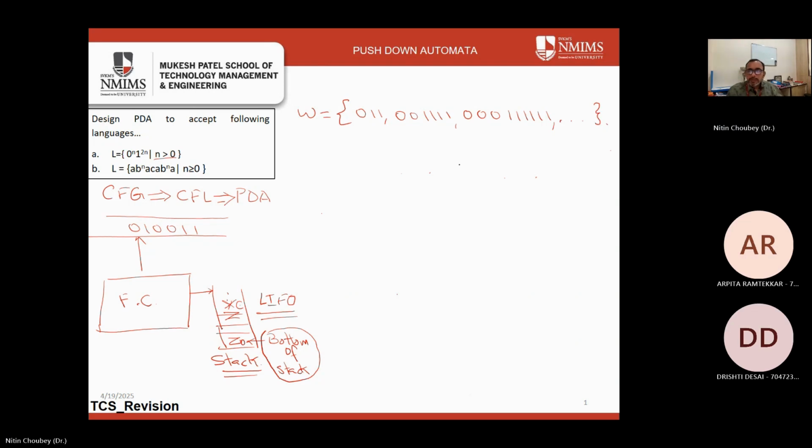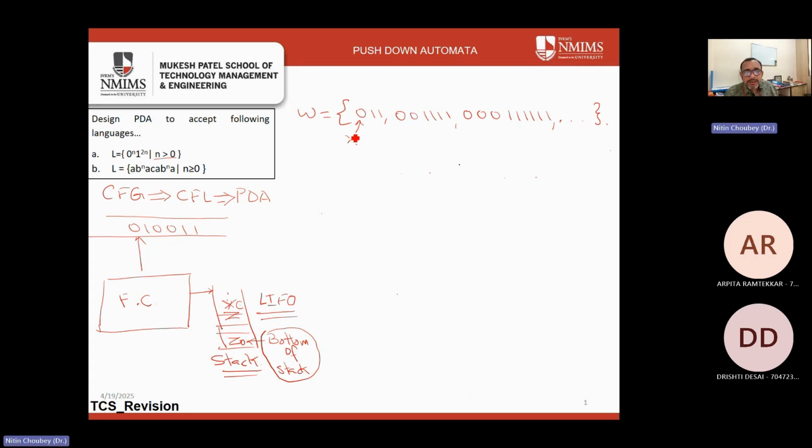Let's assume that for each 0 we push X onto the stack. Basically, what we need to see is whether we have twice the number of ones as the number of zeros, and at the same time whether we have the sequence followed, that is zeros followed by ones.